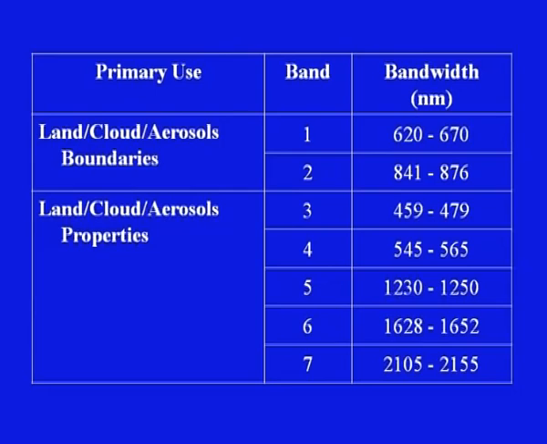Now let us look at the primary uses of these MODIS instruments. The first two bands, that is band 1 and 2, operating in the wavelength region of 620 to 720 nanometers and 841 to 876 nanometers, are being used for land, cloud, aerosol boundary determination, while bands 3 to 7 are providing informations regarding the land, cloud, aerosol properties.